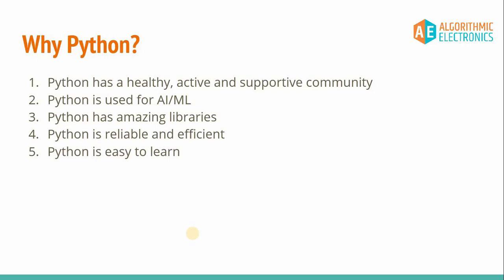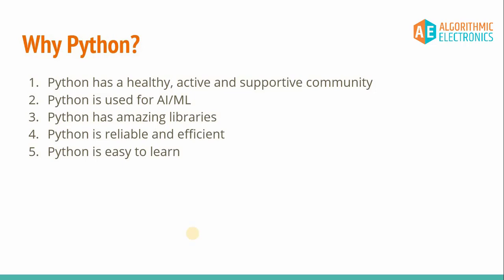Now the number one reason is Python has a healthy, active and supportive community. Meaning, whenever you start learning Python and you get some problems, you can put some queries on online forums, and immediately you will get a solution within a few hours, because Python is used by many developers across the world, and they will support you because the community is healthy, active and supportive.